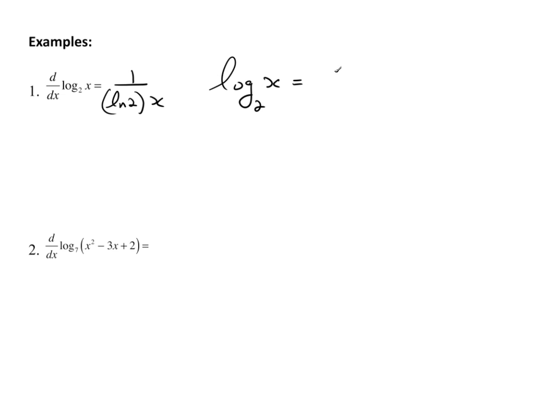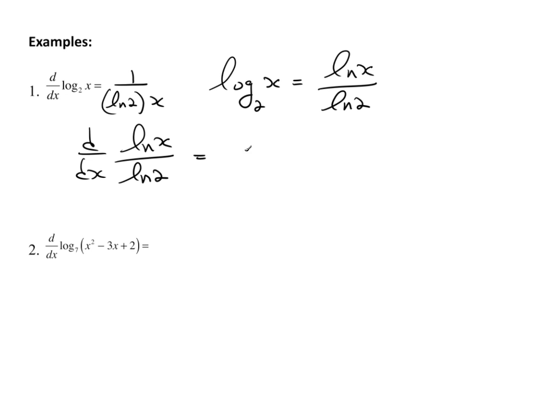Change of base, this is ln x over ln 2. Now the derivative of log base 2 of x is the same as the derivative of ln x over ln 2, which is 1 over x ln 2. It doesn't really matter which way you write these things. This may be a little bit easier. I don't know. Pick one.